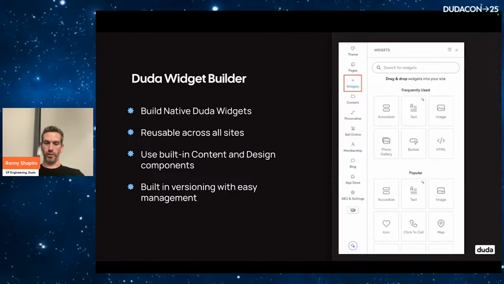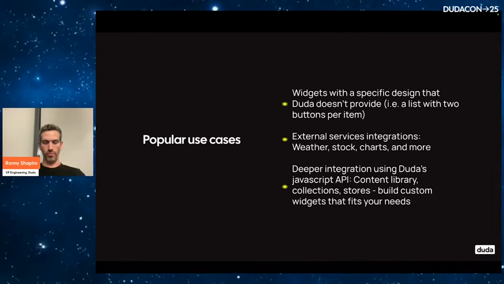It comes with a versioning mechanism and management, so you can really control what you're doing. We've seen it used quite a lot over the past few years. Customers use it to build very specific widgets with a specific design. If you don't like our list widget and you want something for yourself, you can build something really custom.